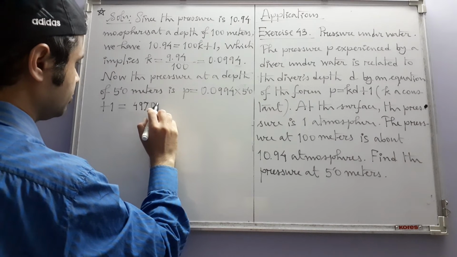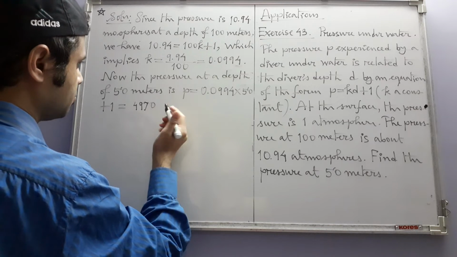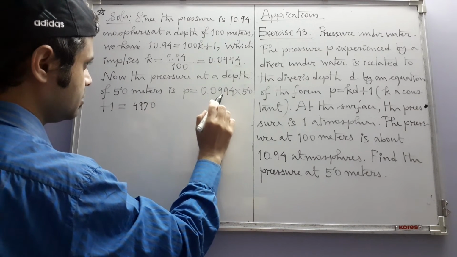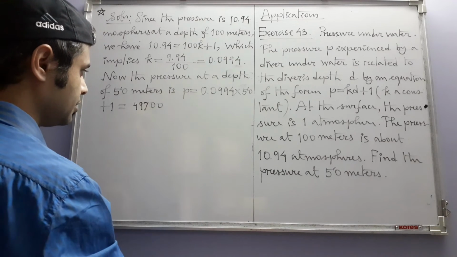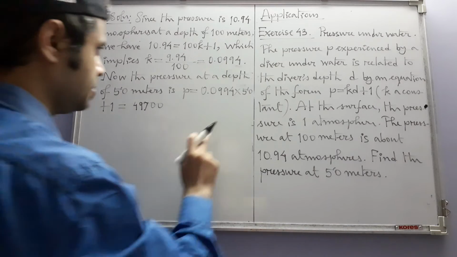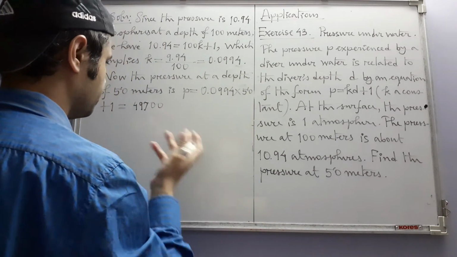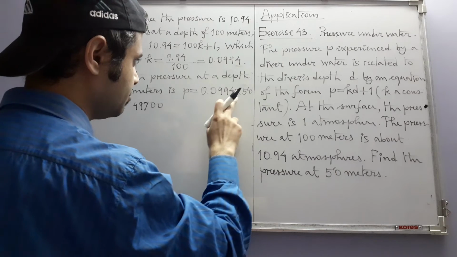So basically what we have done here is we are multiplying 994 by 50. That gives us this. Let me once again check, since you already know my calculations are very bad.